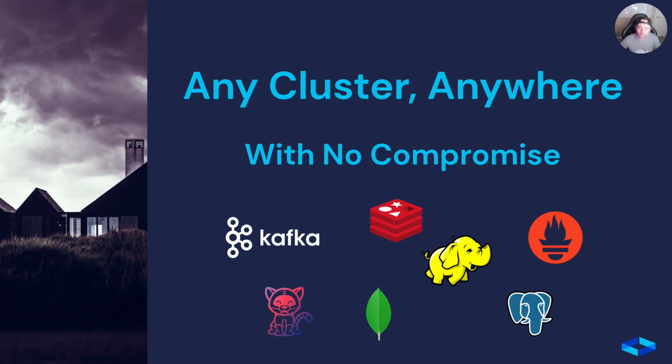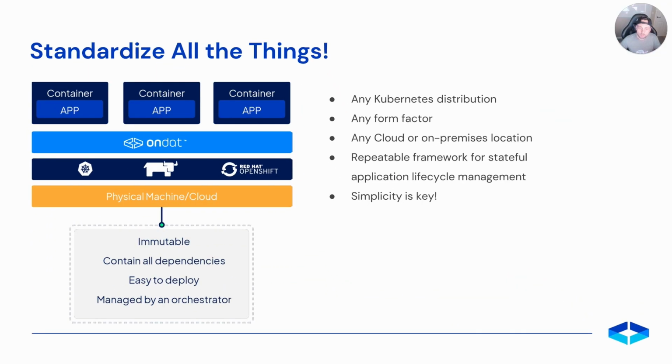Any Kubernetes distribution, any cloud, you will experience a consistent and standardized approach in deploying as well as operating your most valued applications. So in a nutshell, Ondat is adding a layer of abstraction in Kubernetes, sitting on top of your Kubernetes distribution of choice, and enabling the deployment of stateful mission-critical applications in a very simple and elegant way.